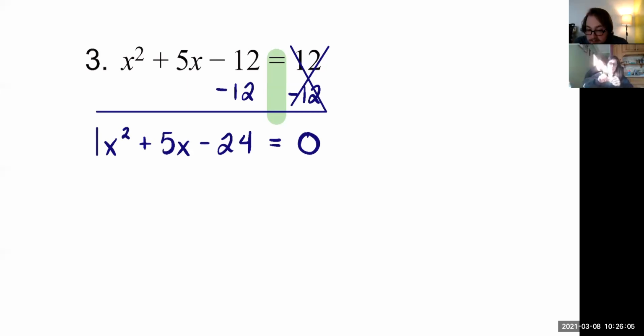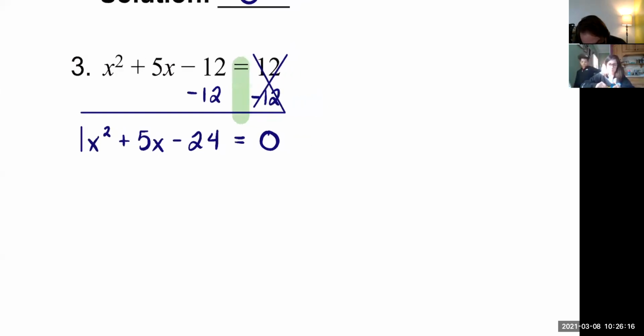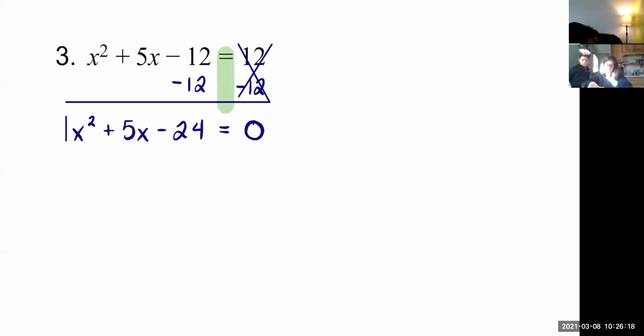Is there a greatest common factor other than 1? No, that 1 at the front there really kind of traps us. So then we need to transition into the asterisk method, for which, what's my A? 1. My B is 5, and my C is negative 24.